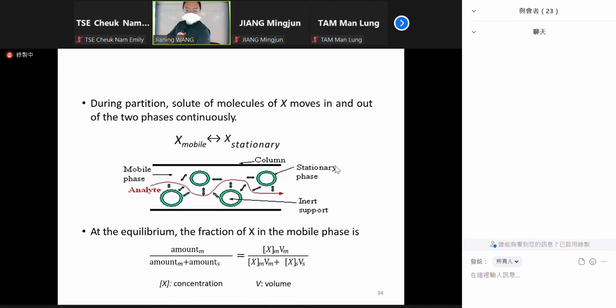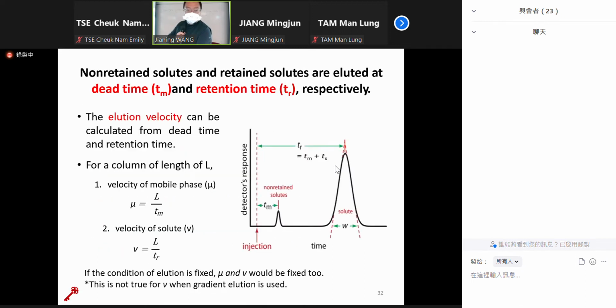I can go back to here, right? So this is the mobile phase velocity. This is the velocity of the solute, for example, maybe this one. So this is the solute retention time. This is the unretained time. So we can also get the speed of the flow rate.